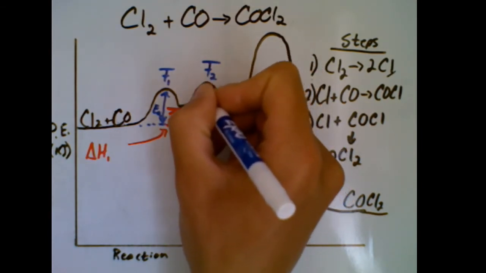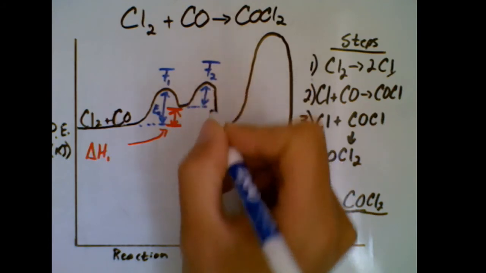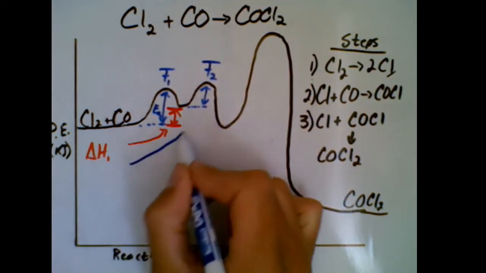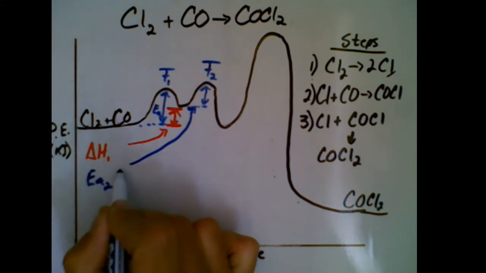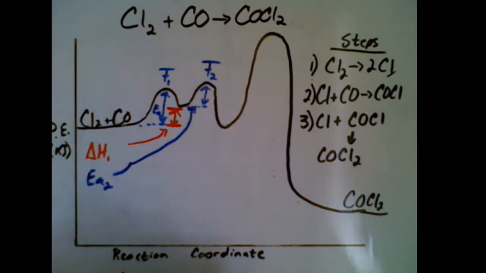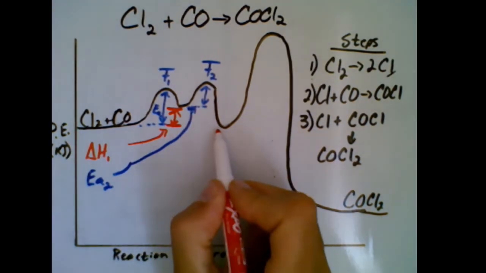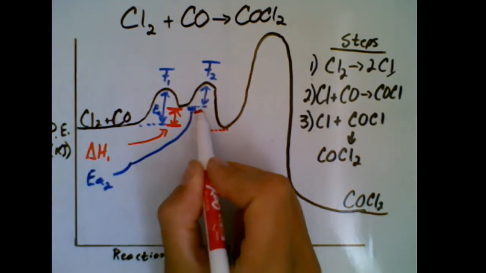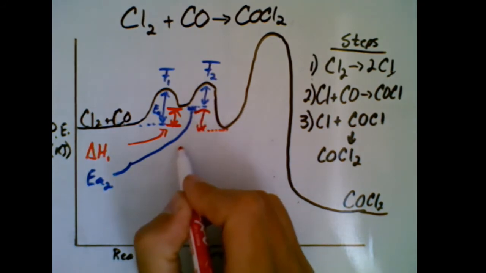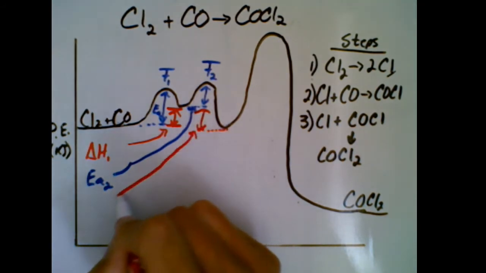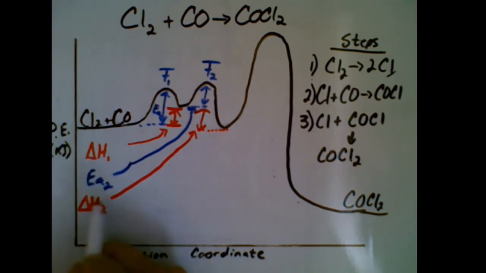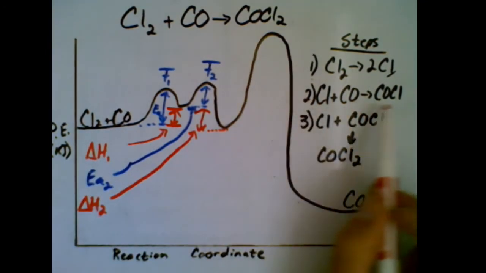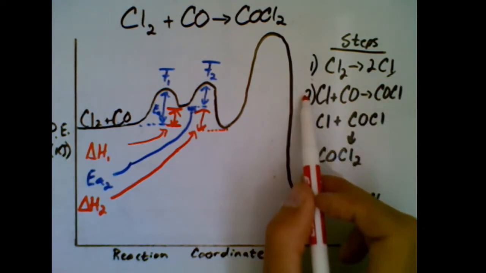We have our own set of reactants here. So I just need to draw another arrow. That is going to be my activation energy for step 2. But step 2 also has its own enthalpy from where the reactants are to where its products are. So that value there is actually the enthalpy for the second step.